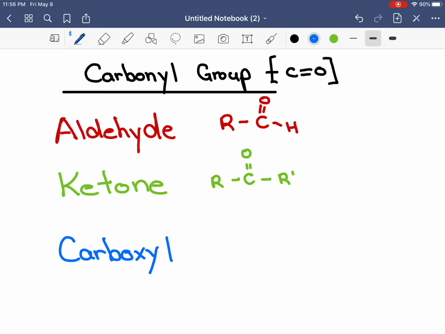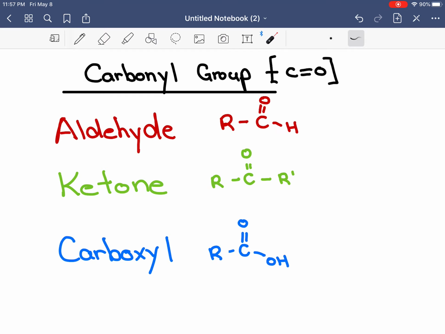Now, carboxyl is when you have C, again, double bond O, no R, no H, but an OH. On this side, again, some sort of long carbon chain. This carbon is a terminal carbon. Most cases, 90% of the time, 100% of the time, in fact, for this course, this guy's carbon number 1.